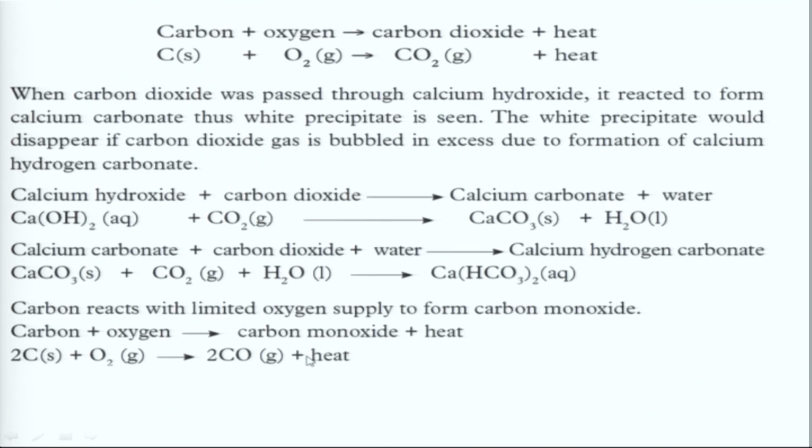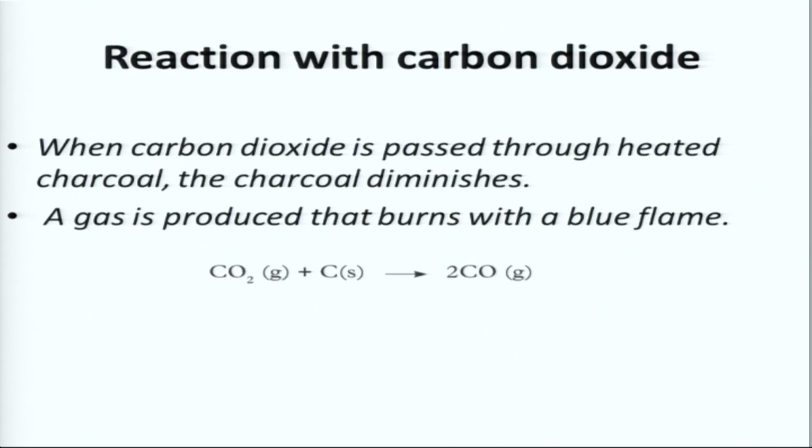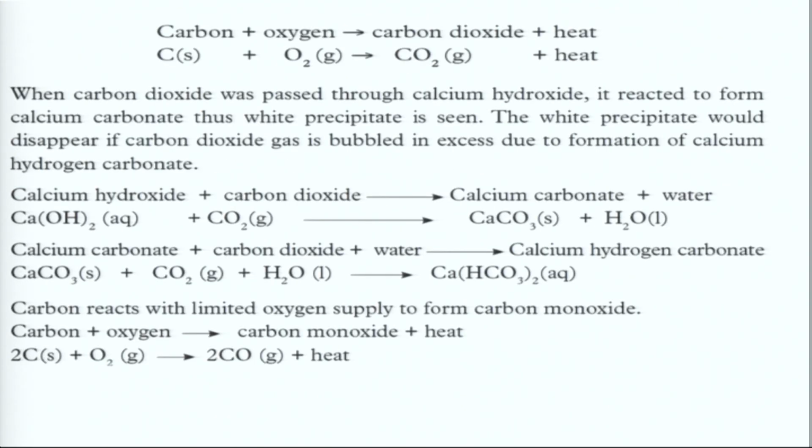But look at the first equation, on top here. When you react carbon with excess oxygen, enough oxygen, these two equations, the first and the last, you can misunderstand them by saying, oh no, teacher, you're saying carbon with oxygen, you get carbon dioxide and heat. But for the last one, you have said we form carbon monoxide.